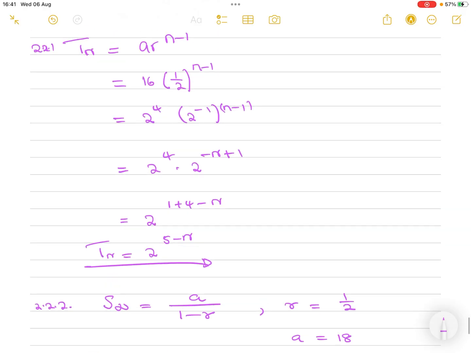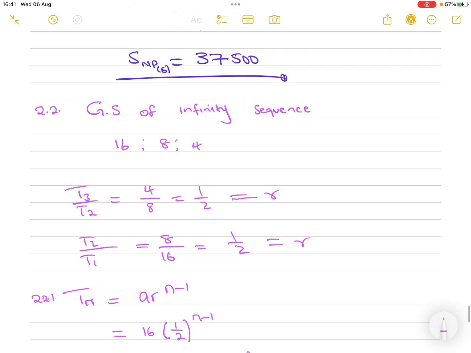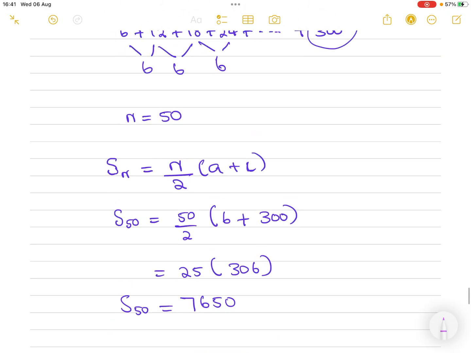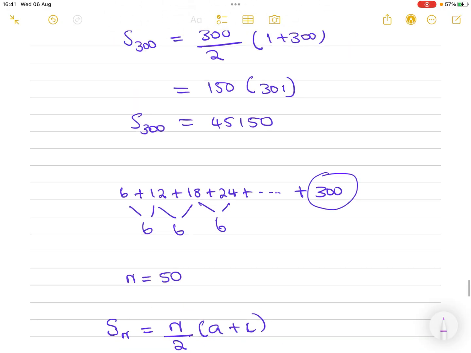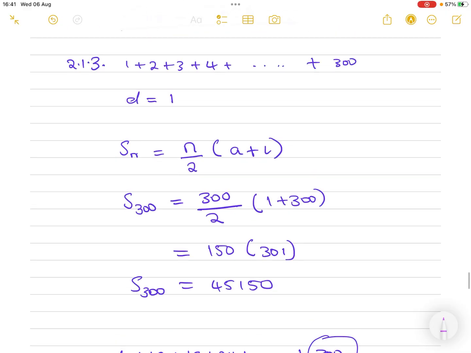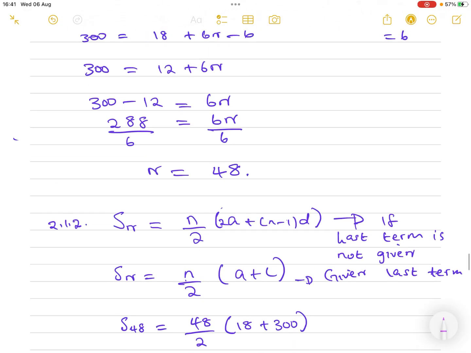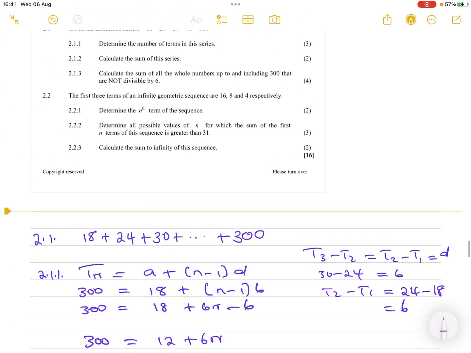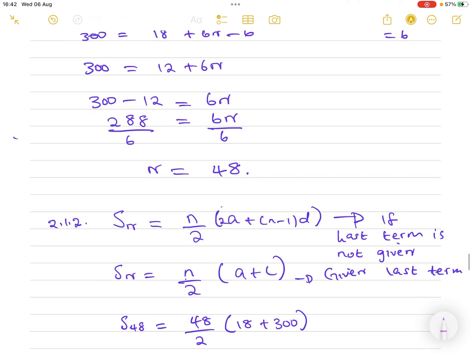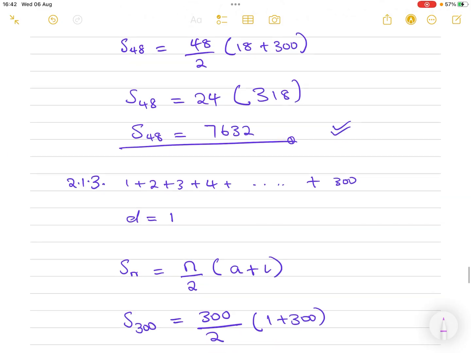So look here carefully. Determine all possible values of n for which the sum of the first n terms of the sequence is greater than 31. So I need the value of n here.